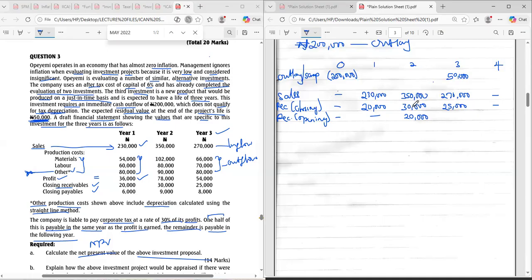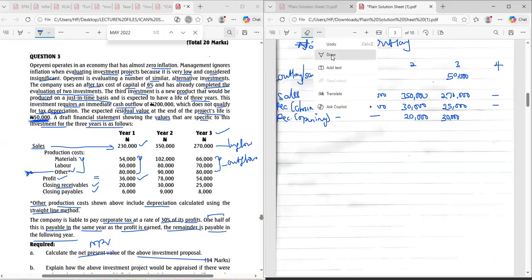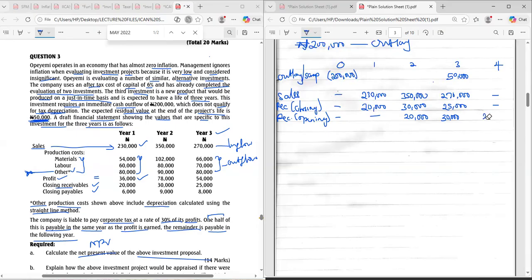The closing of year 2 will be opening in year 3. The closing of year 3 will be opening in year 4. So as you can see now, it's not only tax that is making this extend. The receivables has affected it. We'll put our closing in brackets because they have not yet paid for it.